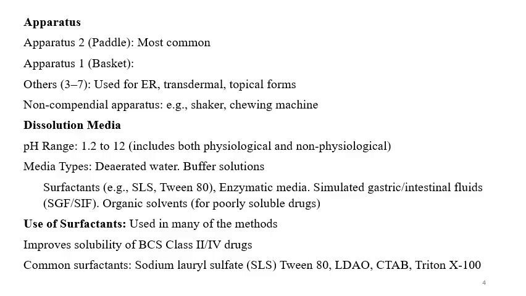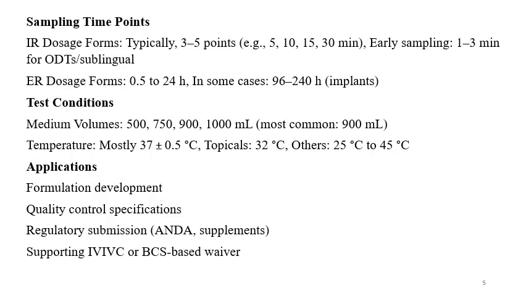Use of surfactants is given to improve solubility of BCS class 2 and 4 drugs. For this, surfactants like sodium lauryl sulfate, LDAO, CTAB and Triton X-100 are used. So all the surfactants you can find in the database. These are very product specific.